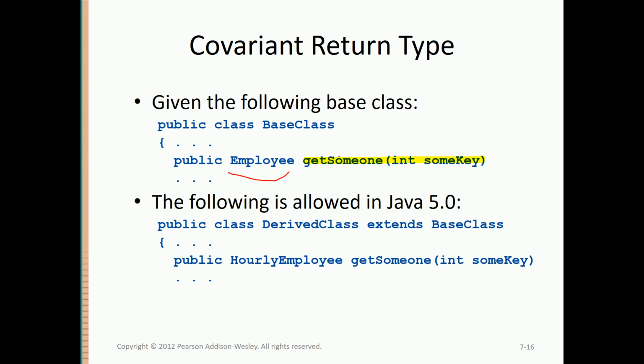So when I'm overriding a method, it has to be the same data type that I'm returning, or one of its subclasses.